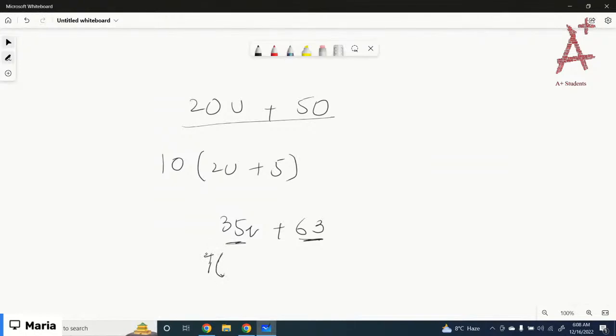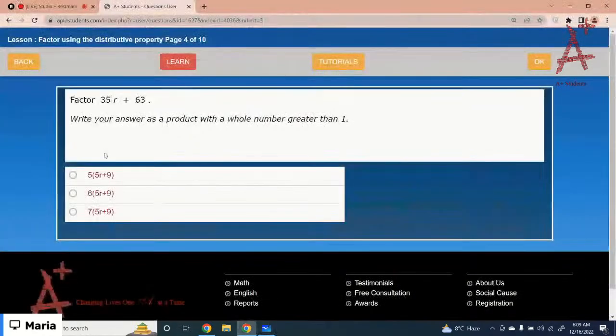So divide 35 by 7, it would be 5, and 63 by 7 is 9. So it would be 7 times 5r plus 9. Very good. So the last one is the correct option, then click on the OK button.